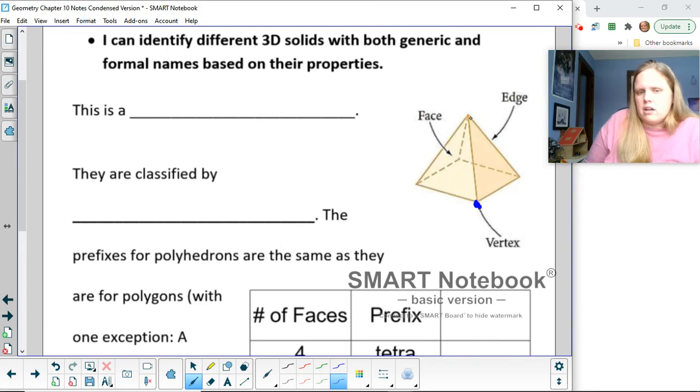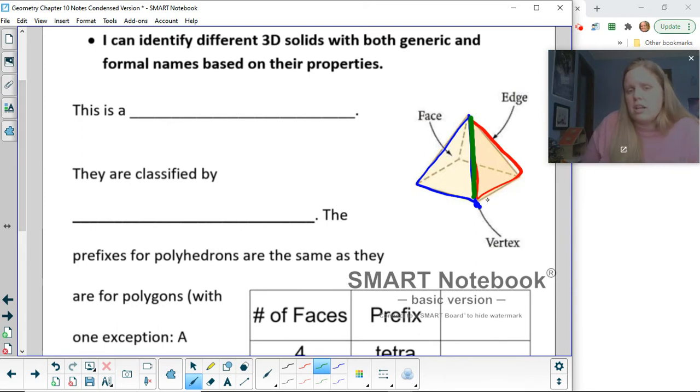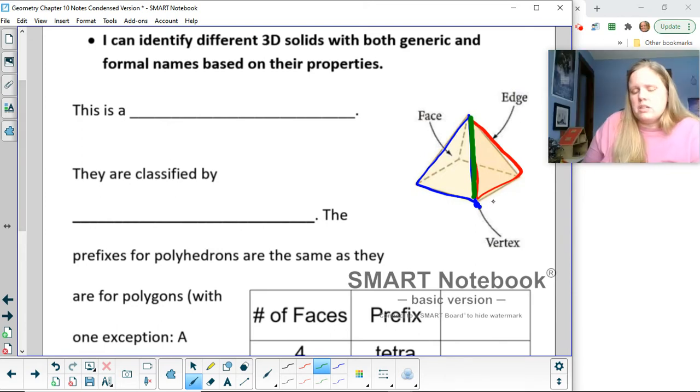When we have a flat part like this, that's called a face. Anything flat is a face. And then where two faces come together, trace this face. You can see both of these faces came together right along here. That's called an edge.